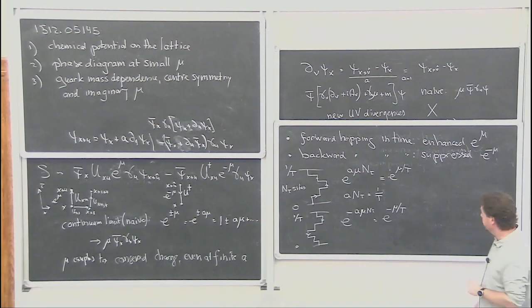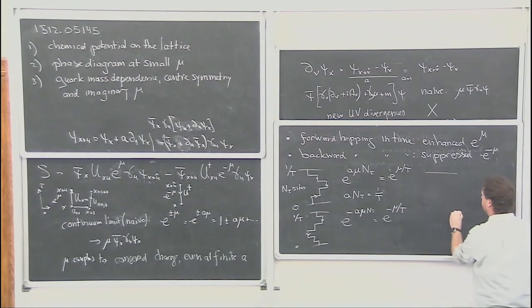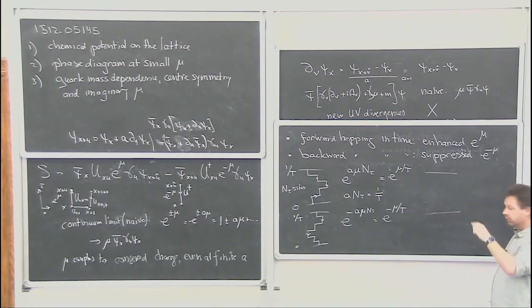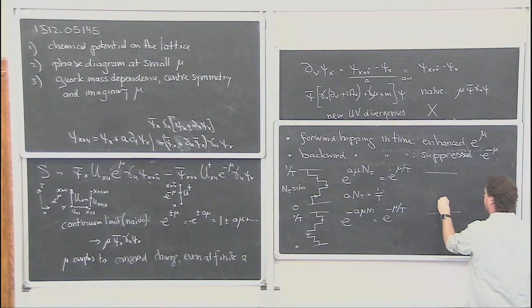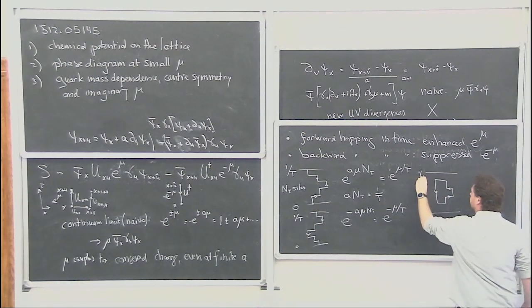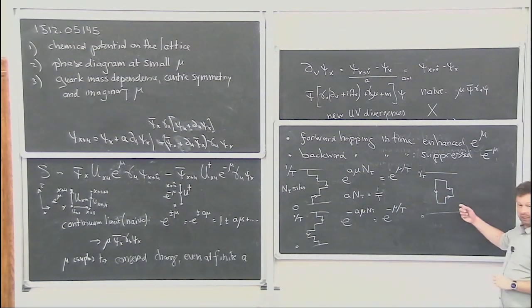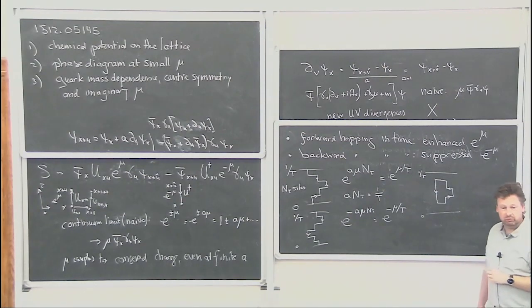But then I have a third possibility. I could have world lines of fermions that do not wrap around the lattice, but that simply close upon themselves, like this. So what would be the chemical potential dependence of such a configuration?